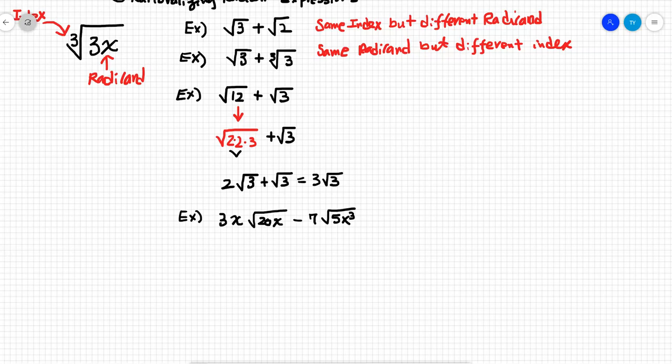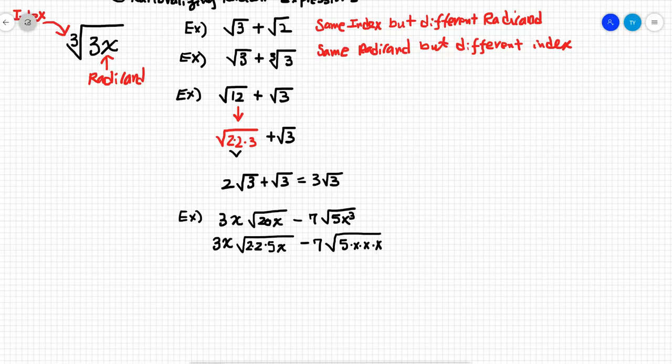So I'm going to rewrite them and see if we can come up with the same radicand. So 3x times, now remember that the 20 is going to be 2 times 2 times 5x, and minus 7. Now the 5x cubed, we can write as 5x times x times x.